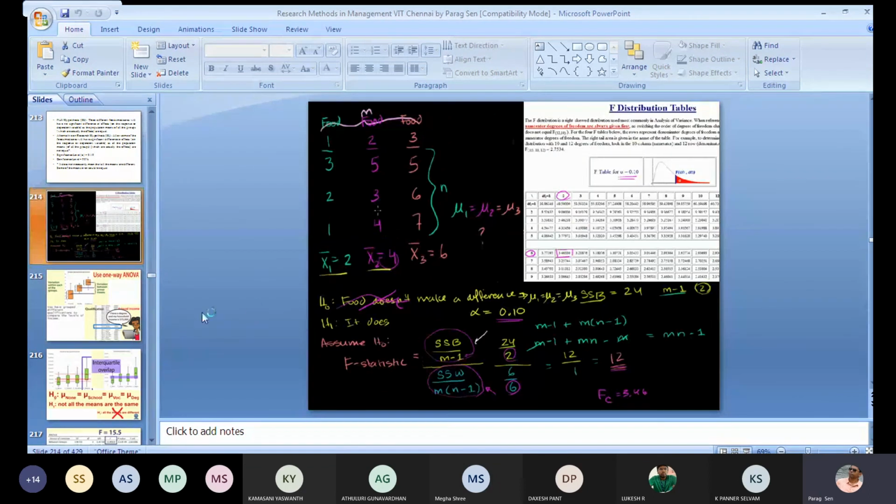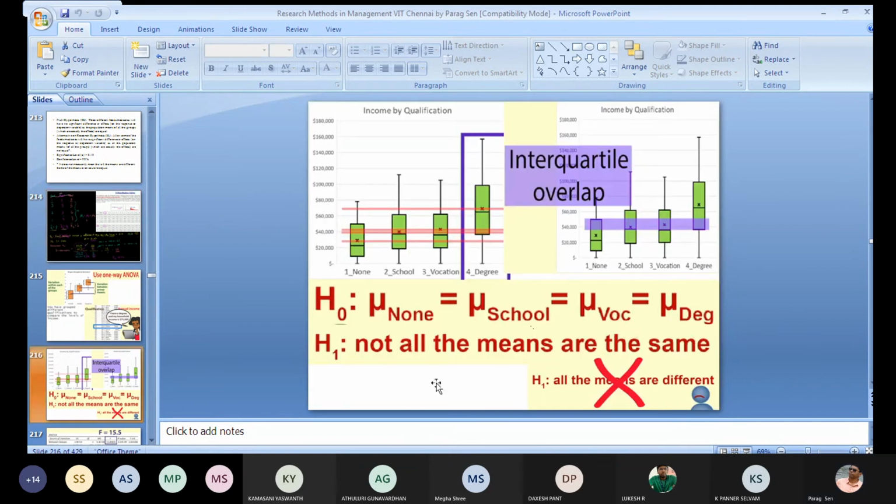But one thing to be noted: whenever we are rejecting the null hypothesis and saying that there is enough evidence of the alternative hypothesis or the research hypothesis, and we are saying that all the means are not same, it does not mean that all the means are different.